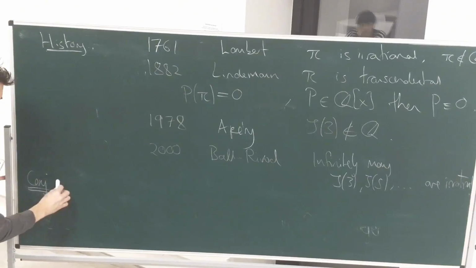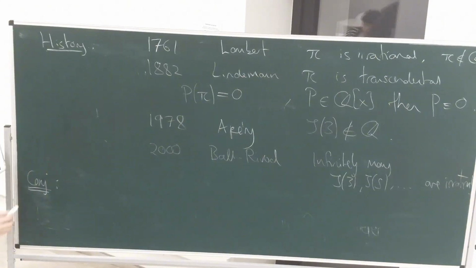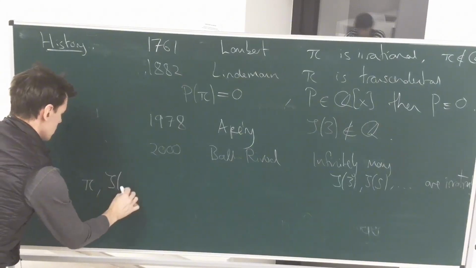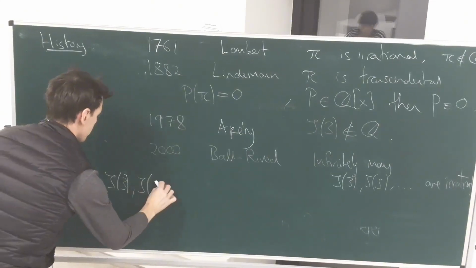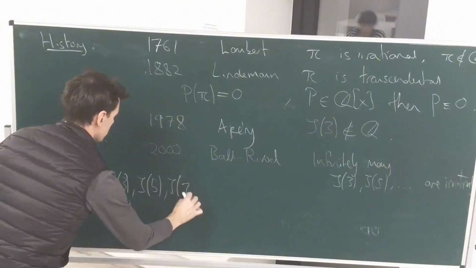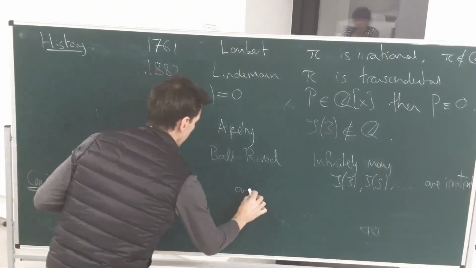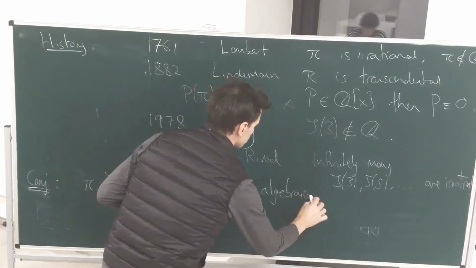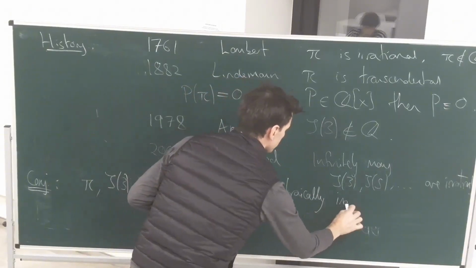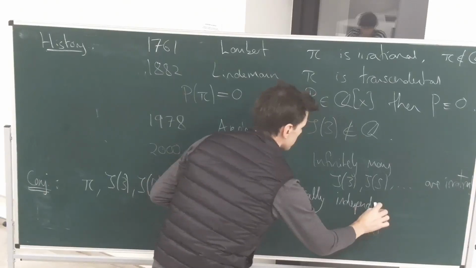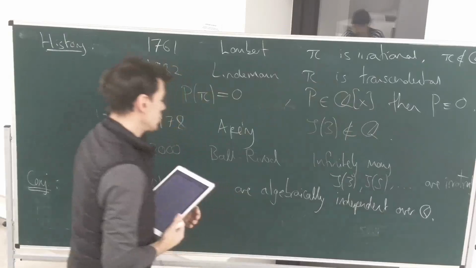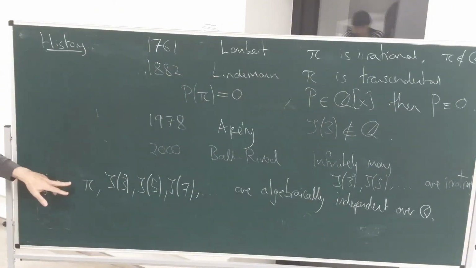And the conjecture, which is completely open, very difficult, is that pi, zeta 3, zeta 5, zeta 7 are algebraically independent over Q. That means that there is no non-trivial polynomial equation involving these numbers.